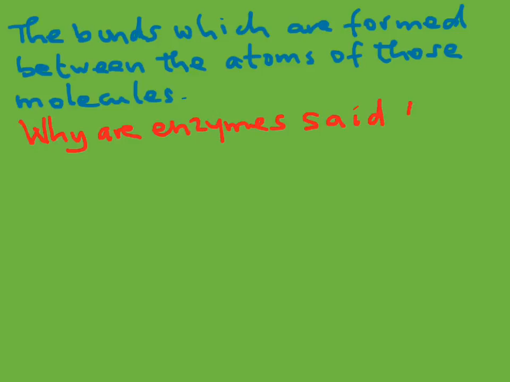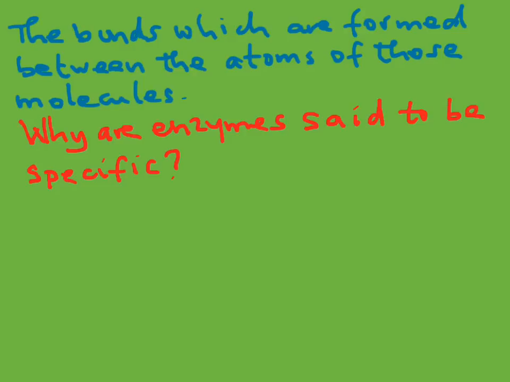This now gives us an opportunity to ask the following question. Why are enzymes said to be specific? From what we just said above, we talked about the shape of the enzyme.